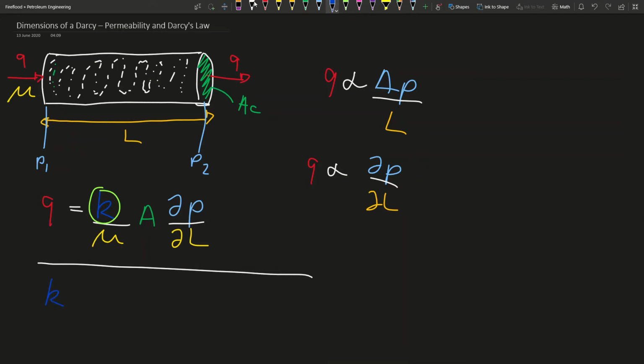So K is going to be equal to Q mu divided by ∂P over ∂L, which I'm just going to quickly draw over here, and divided by A as well.